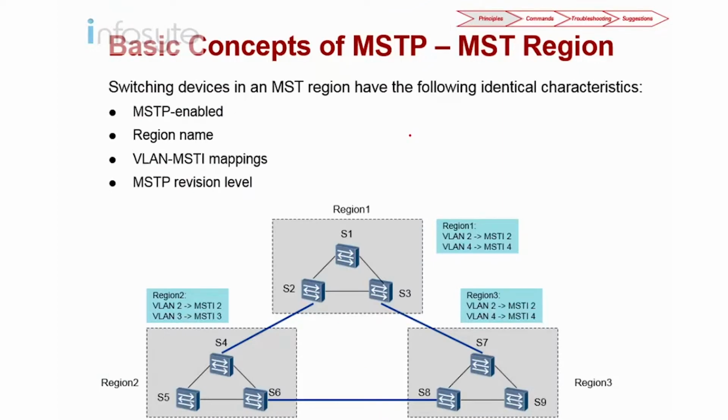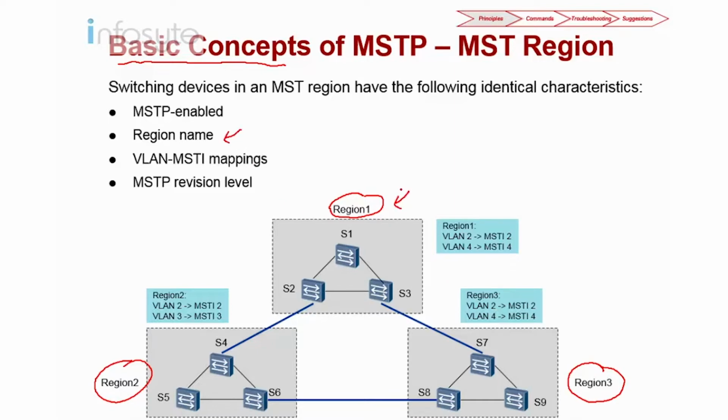Now let's look into some of the basic concepts of MSTP. When you look into this topology, you'll notice that we have three regions: region 1, region 2 and region 3. Now how do we divide the regions? You can see that each region has a region name.